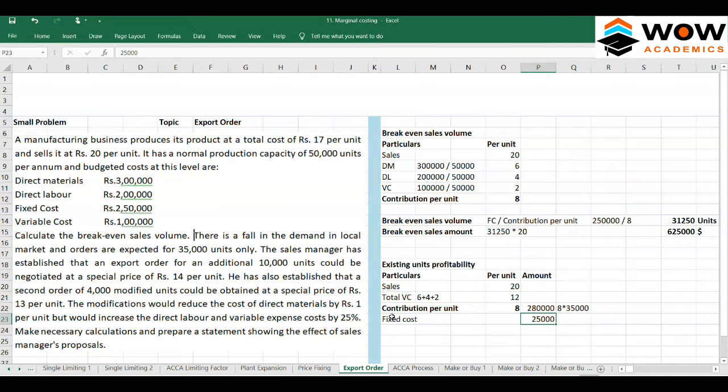So we are recovering the fixed cost. The fixed cost is recovered and the existing company itself is in profit.